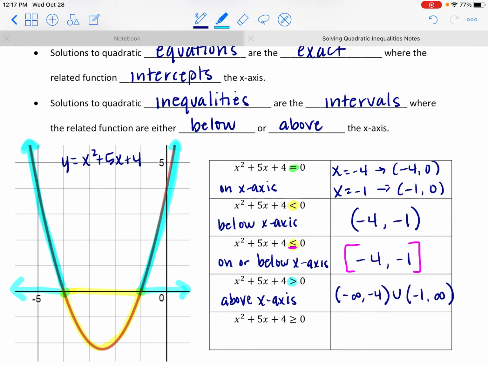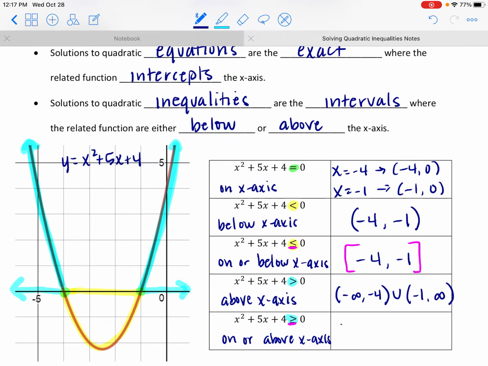Now, if I make it greater than or equal to, then we can be on or above. So we have the same intervals, but now we can include the x-intercepts. If we can now equal, then we're just going to replace those parentheses on the -4 and -1 with brackets.